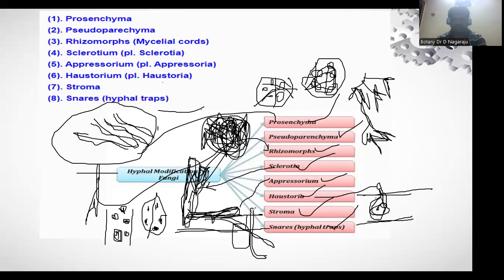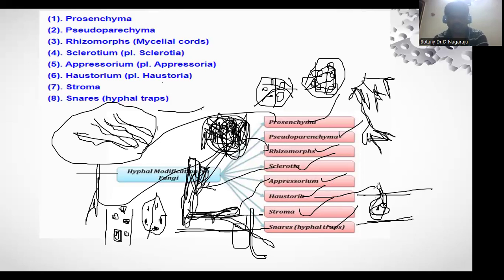Okay, these are the various types of hyphal modification. Fungal hyphae modifications, what are those? Prosenchyma, if it is loosely arranged. If it is tightly arranged, that is pseudoparenchyma. If it is root-like, that is rhizomorph. If it is a tightly coiled, bundle-like structure, that is sclerotia. If the mycelium lies upon the host and presses the host tissue, that is appressoria.